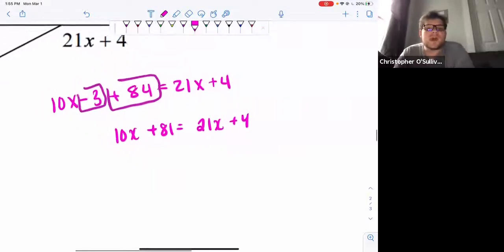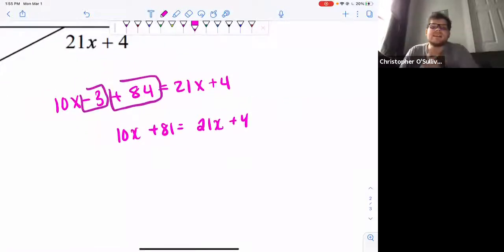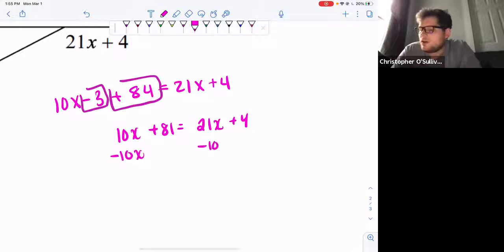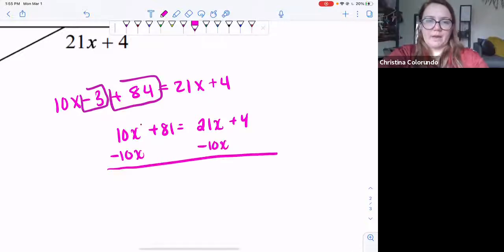So ladies, I'm going to do something that Jael brought up in class last time because she didn't want to deal with any negative x's in her solution. So what we're going to do is ask ourselves, how do I get rid of a plus 10x? To get rid of a plus 10x, I subtract 10x from both sides of my equation. The reason that Mr. O is doing it this way is because he is taking the x that has the smaller number before it.